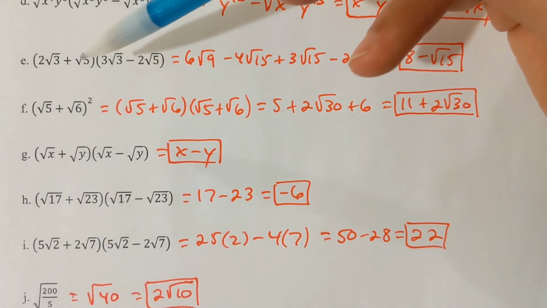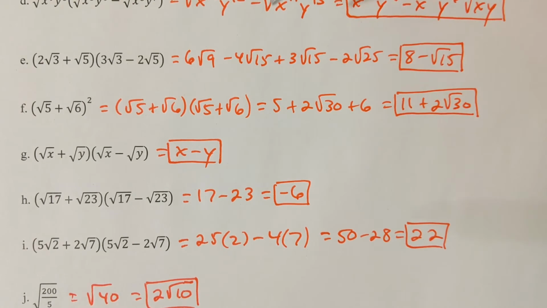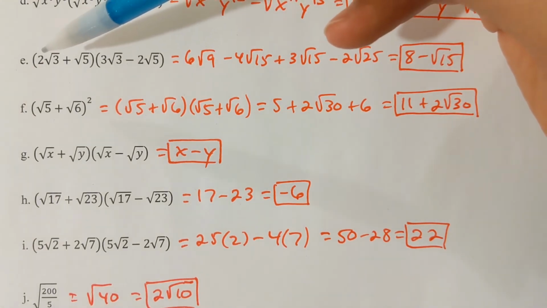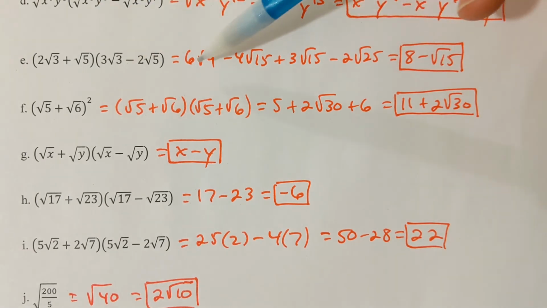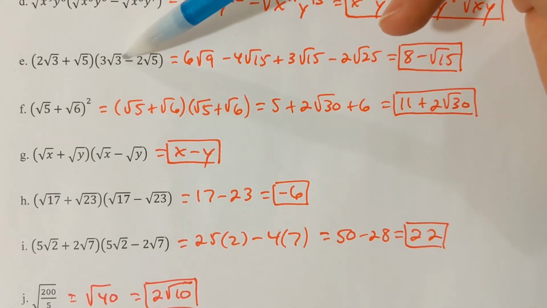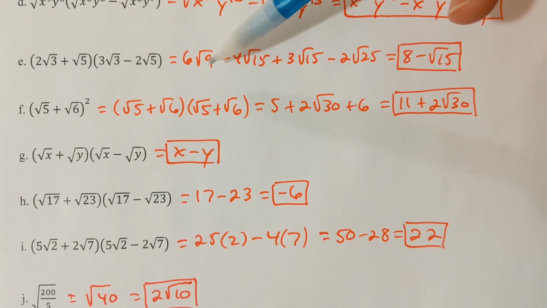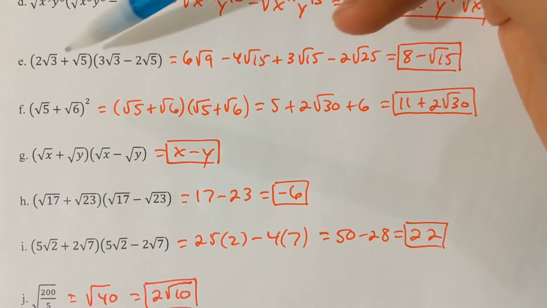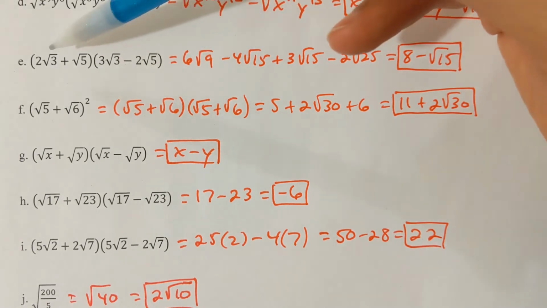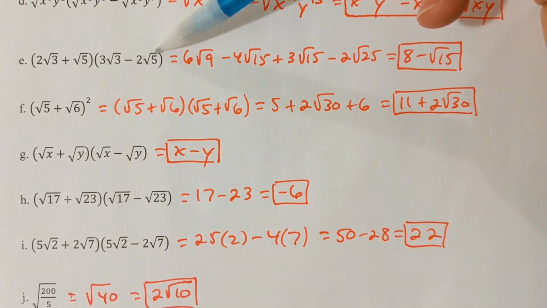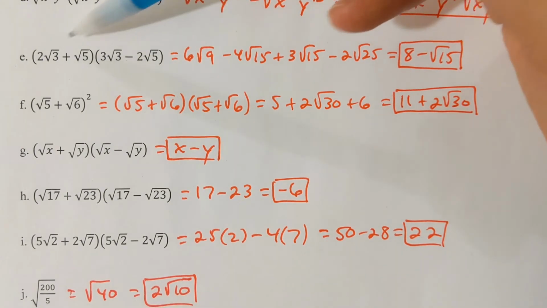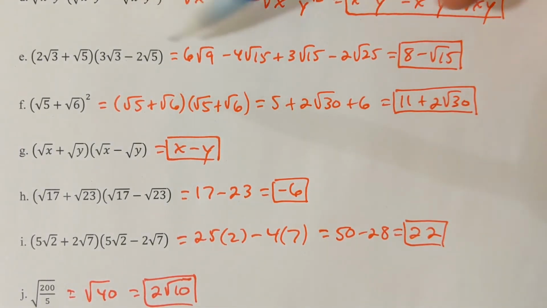Now the natural thing to want to do here is to FOIL this out. Okay, so if I take the first terms, 2 root 3 times 3 root 3, 2 times 3 is 6. Root 3 times root 3 would be 3, right? Or the square root of 9 is 3. Okay, then the outer terms, we're looking at 2 root 3 times negative 2 root 5. Positive times negative is negative. 2 times 2 is 4.